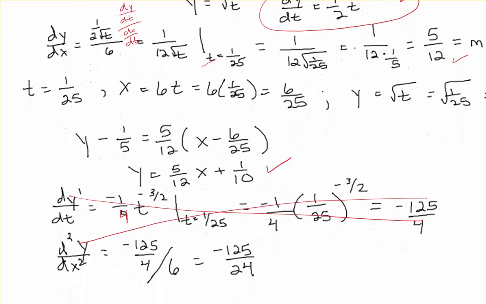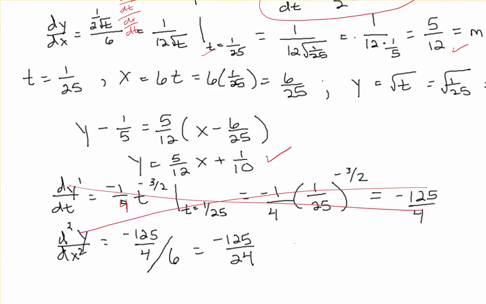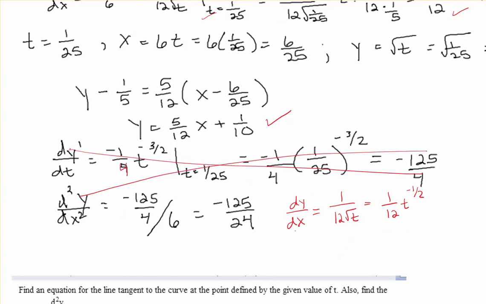So what I should have actually done is look at my dy/dx, which was 1 over 12 square roots of t, which is 1/12 t to the negative 1/2. If I take the derivative of that with respect to t, because this is what we call y prime, the derivative of that with respect to t is the numerator that I need in that second derivative.